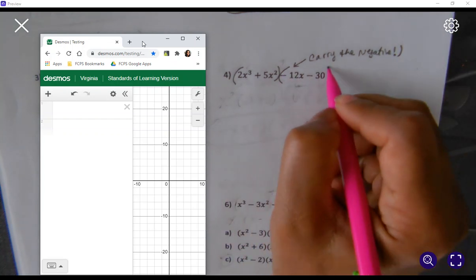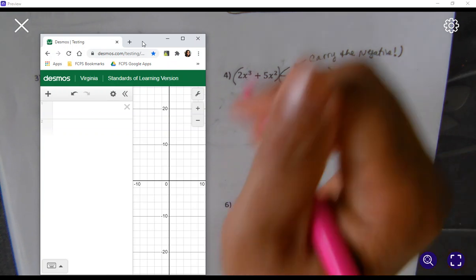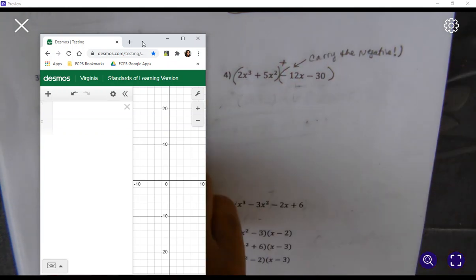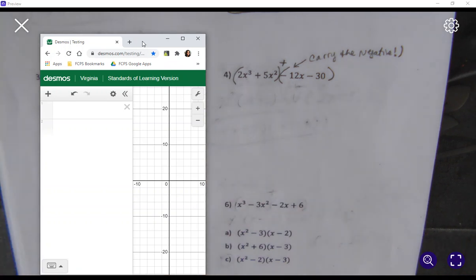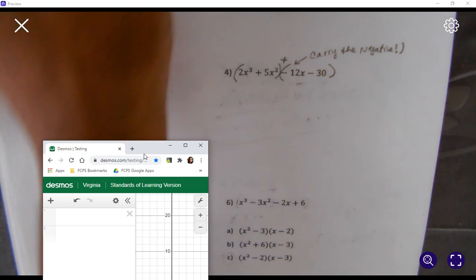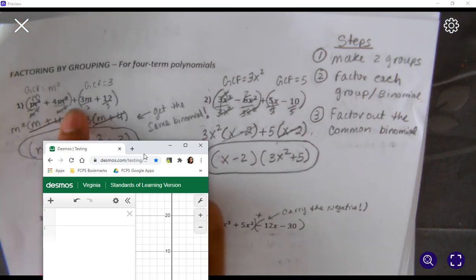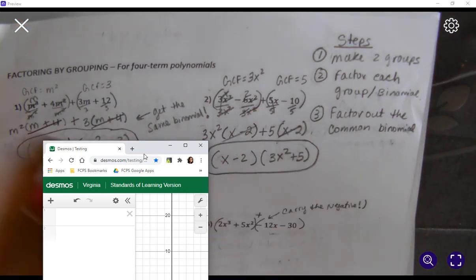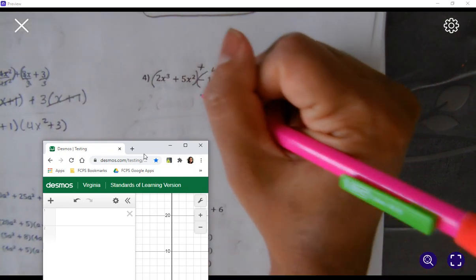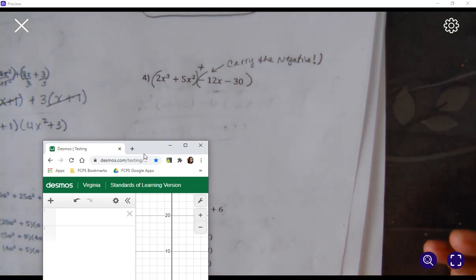So it goes inside the parentheses. And just know that there's still a plus sign in between, just like how there's a plus sign in our other problem. There's a plus sign here. There's a plus sign right there. But this one needs a plus sign there, okay?